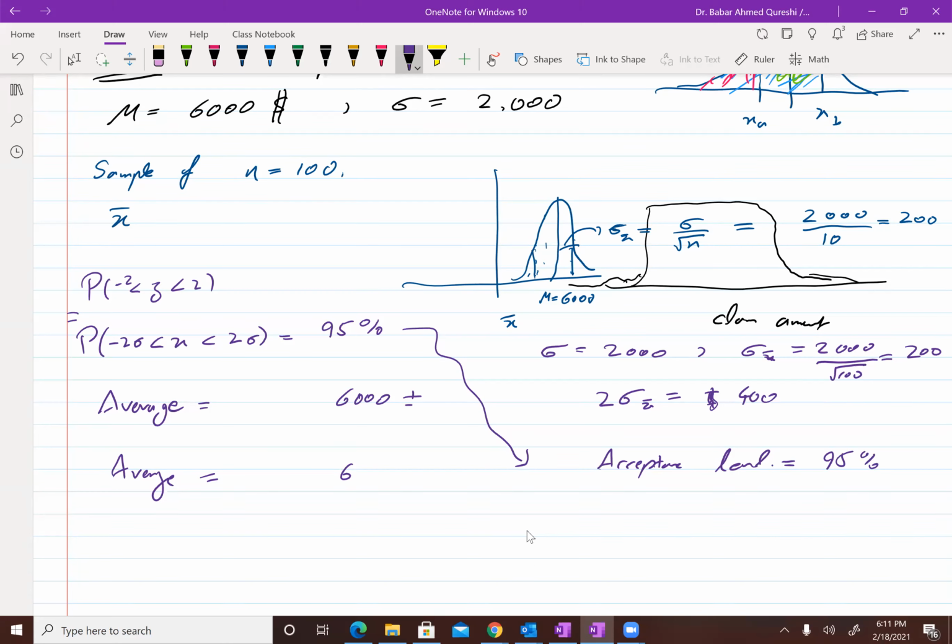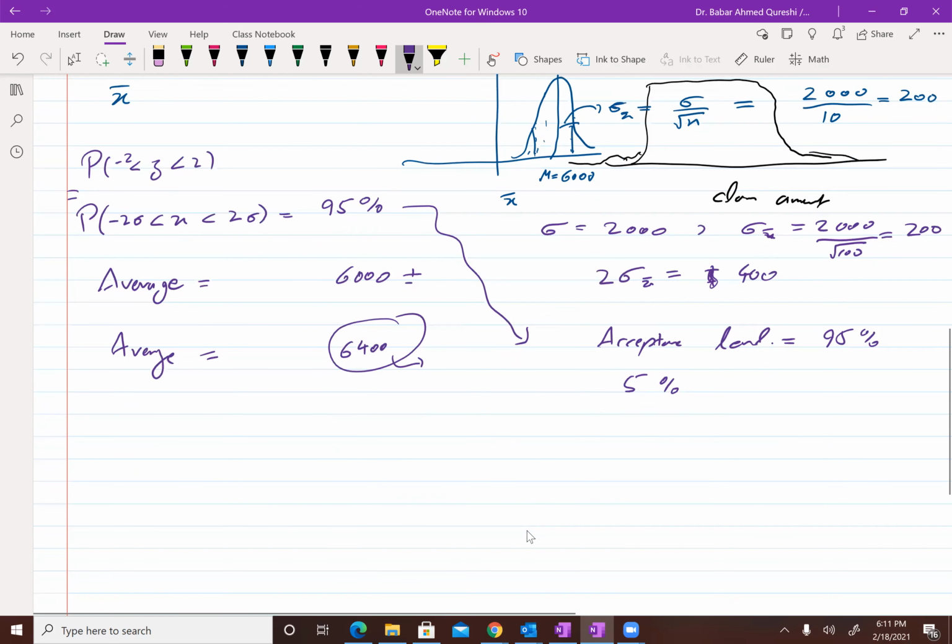If this goes out of this bin, then you say there was only 5% chance that this could happen. And this may be worthwhile now to go and check if something has changed in the market or if someone is trying to put in fake claims or something like that. So you can use this kind of concept, acceptance level, to put quality control on many things.